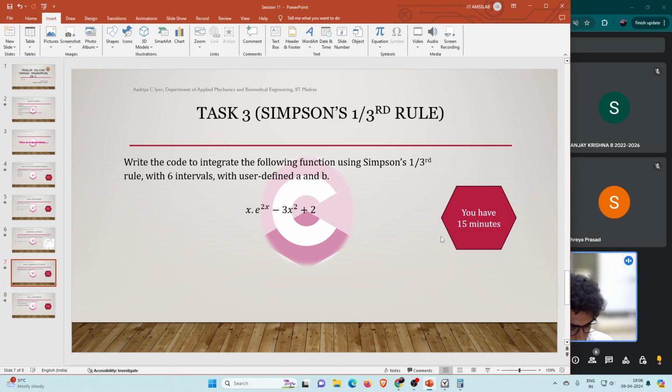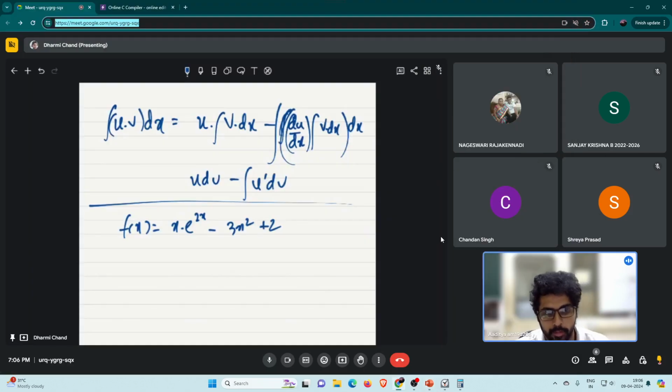I don't remember that, but I will go with my intuition and say that x is u and e power 2x is v, because du by dx makes it 1, right? So then I'll not have a propagating integral.